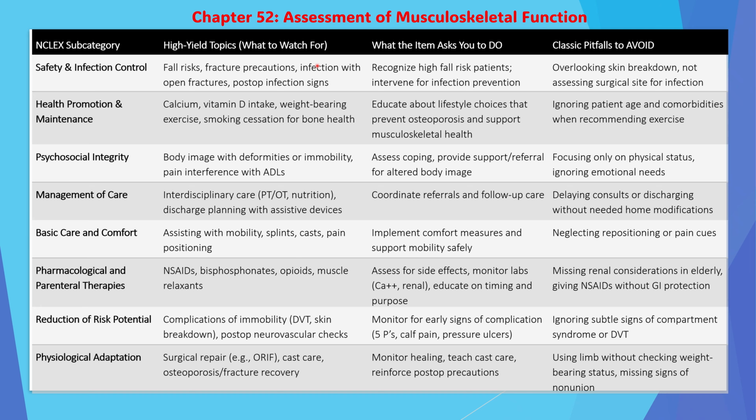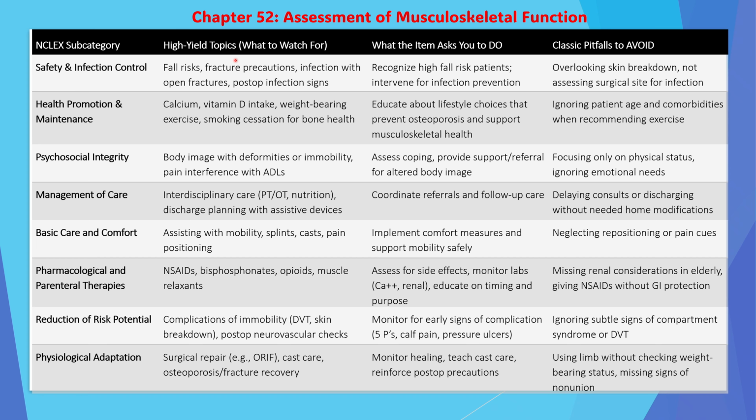What to watch for in the NCLEX: fall risk, fracture precaution, infection with open fracture, post-op infection signs. Because it's very important, like fall risk. Why? In this chapter we talk about the assessment of musculoskeletal. So most of them are repetitive, and fall risk is the priority.